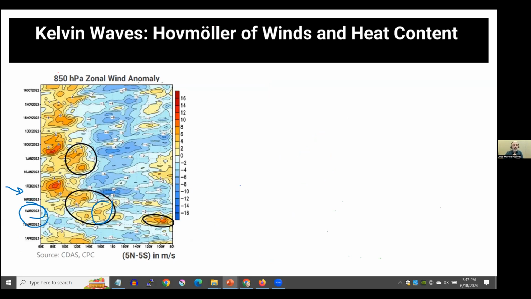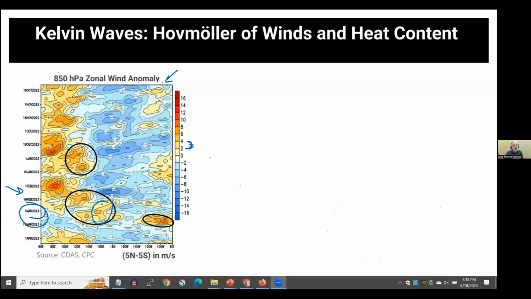This data is calibrated so you can compare what you're seeing right now with previous years, and this is actually an anomaly. So according to this, if you're looking at that period at 850, you are getting a westerly anomaly, 2 to 4 meters per second.